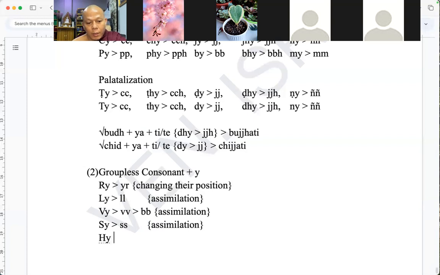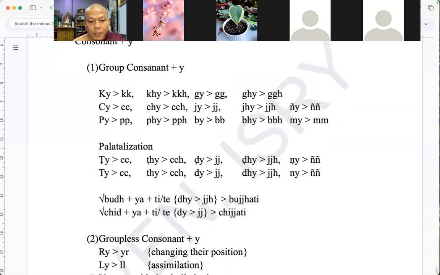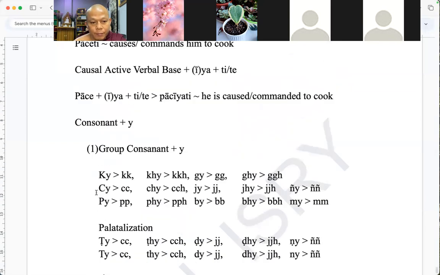But haya becomes yaha, like raya, changing their position. In this way we can understand easily and systematically.